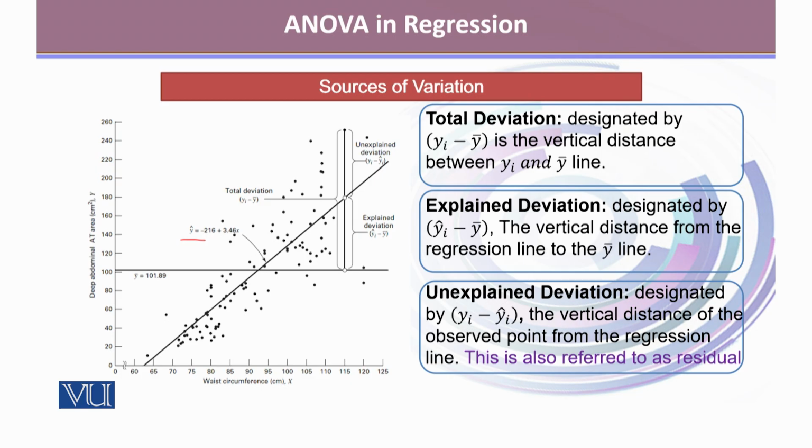In all three deviations, the subscript i represents that these values are obtained for each and every value in the data. So if in our data we have 300 values, we will have 300 yi minus y bars, yi hats minus y bars, and yi minus yi hats.